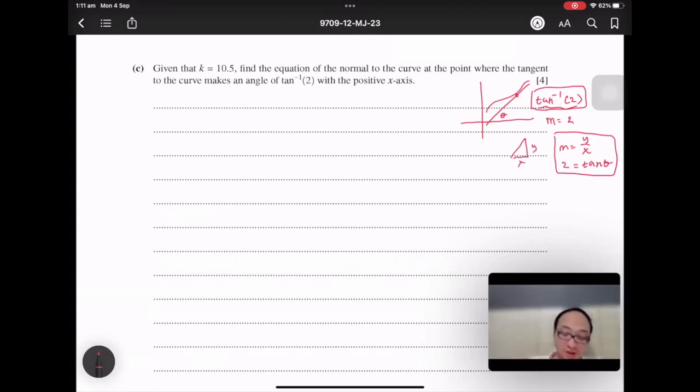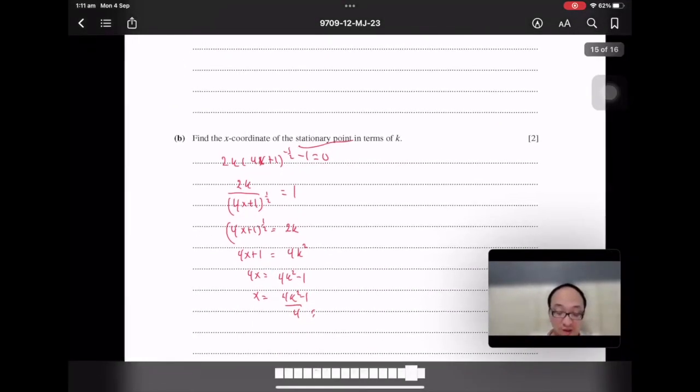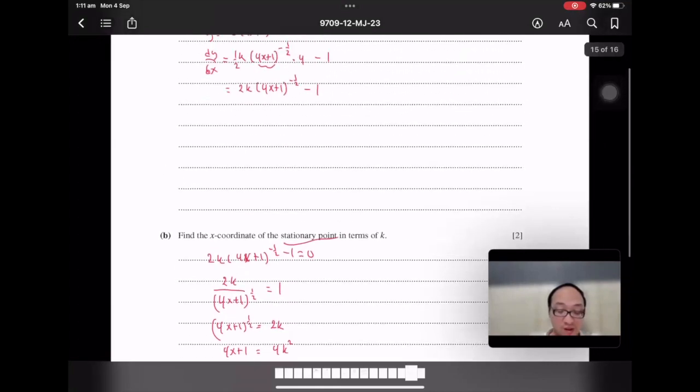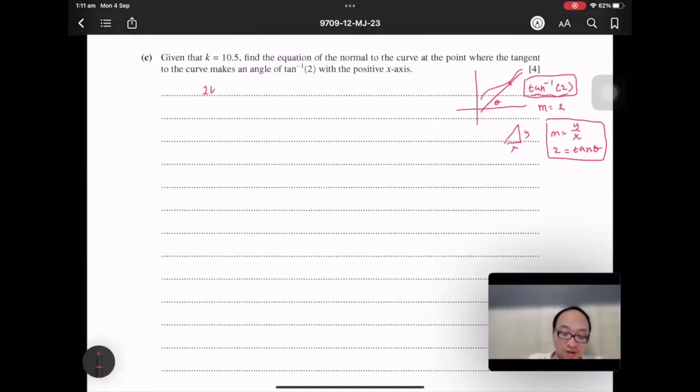So we use the equation of the derivative. 2k (4x plus 1) to the negative half minus 1 equals dy/dx, and this is equal to 2. And then we put that k is 10.5, so it becomes 21 (4x plus 1) to the negative half equals 3.